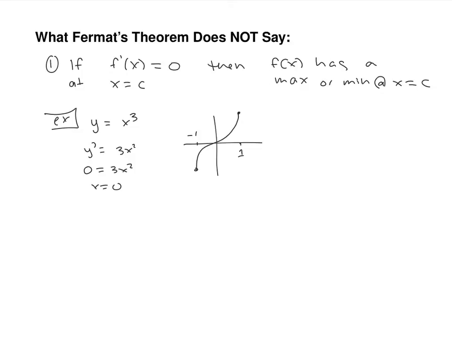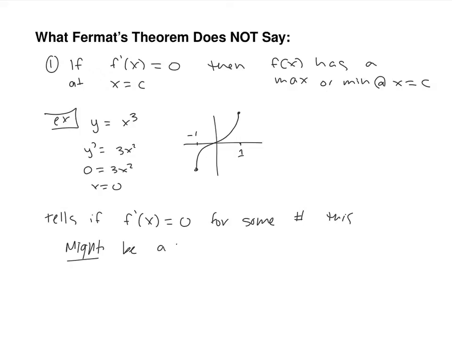Then this is pretty obviously not. So even if the derivative is 0, it might not be a max or a min. Okay? What it tells you is if f prime of x equals 0 for some number, this might be a max or min. It doesn't guarantee it, but it says it's a possibility. It's like potential maxima and minima.